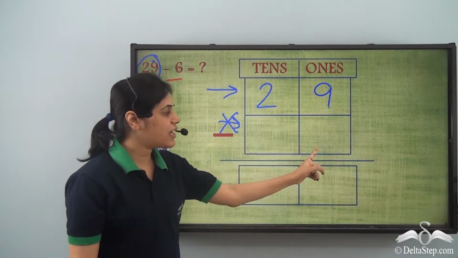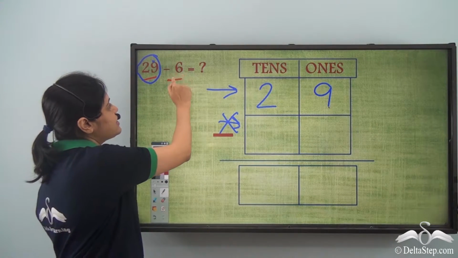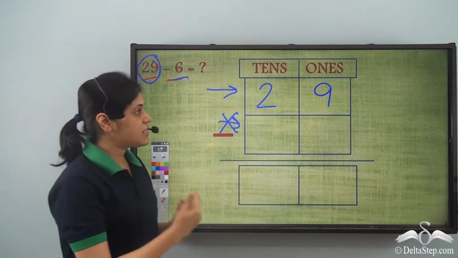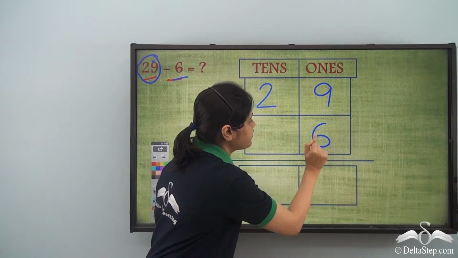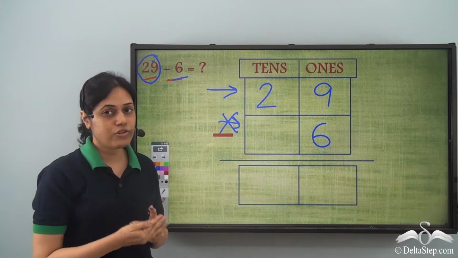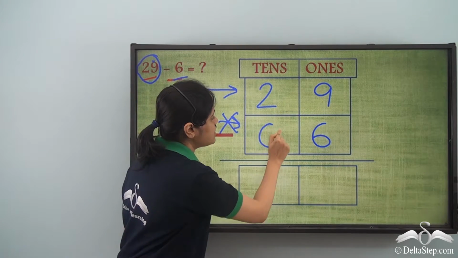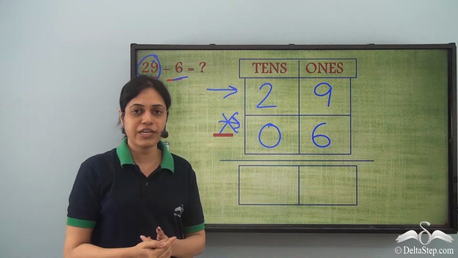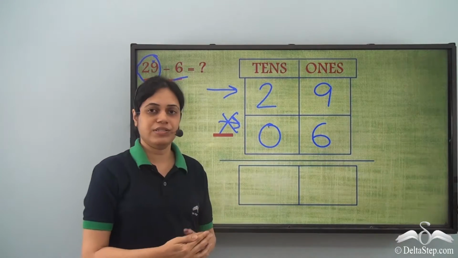Next, in this second row, I will put my second number, which is 6. Now in 6, there are 6 ones. And how many tens? No tens or 0 tens, because 6 is a one digit number. So it has 0 tens and 6 ones.